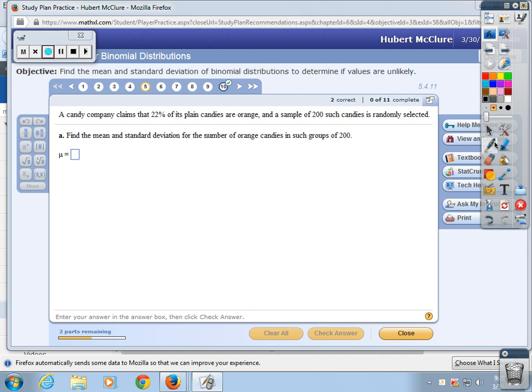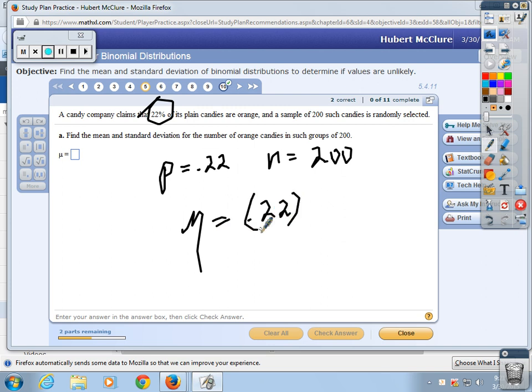All right, so p is 0.22 and n is 200. So our mean is equal to 0.22 times 200. Somebody give me that number. How much? 44.